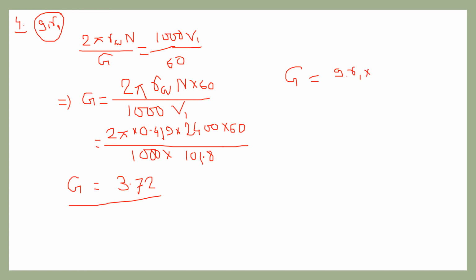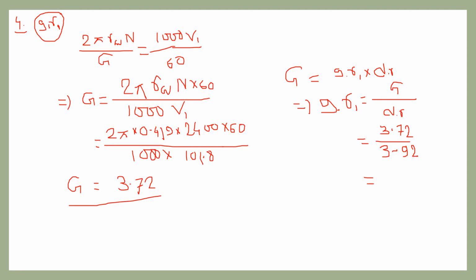As we know, the overall gear ratio equals the gearbox reduction ratio multiplied by the differential reduction, and here for the top gear the gearbox ratio is 1. So the gear ratio in the top gear is the overall gear ratio divided by the differential ratio. G is 3.72 and the differential reduction value is 3.92.